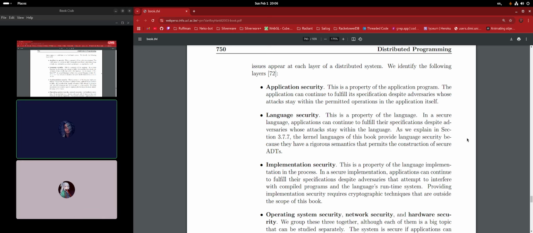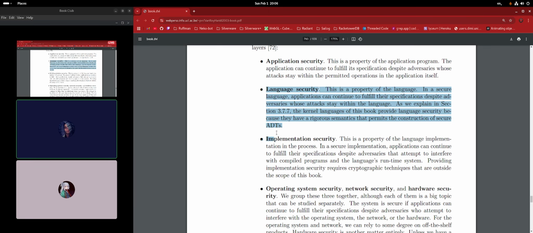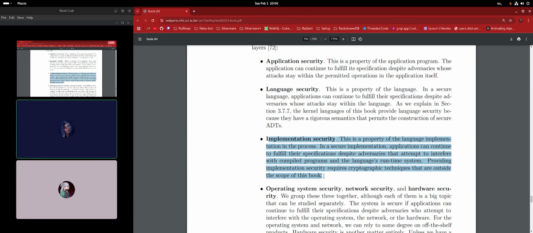Exactly. So this is talking about how in a secure language, applications can continue to fulfill their specification. So the language needs to be good, but the implementation of such specification also must be good. So this is asking, is there a problem in the runtime? We faced this when we did Chime. We discovered a runtime error in Objective-C. Objectively a problem.